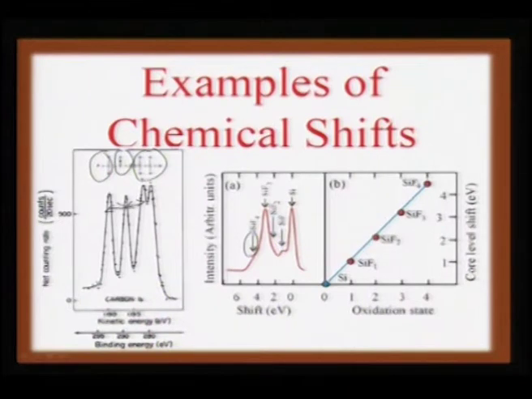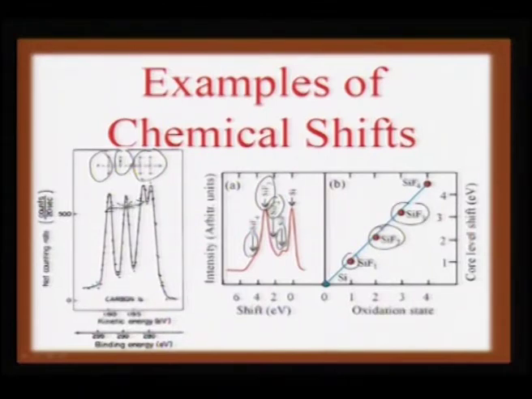These two are called satellite features, and if we properly deconvolute, then we can quantify what is actually present in this sample. If you map this in each case, for example silicon, the oxidation state is 0, then silicon fluoride oxidation state is 1+, SiF2 is 2+, SiF3 here is 3+.